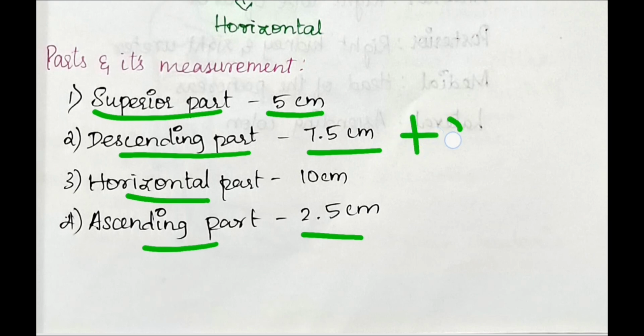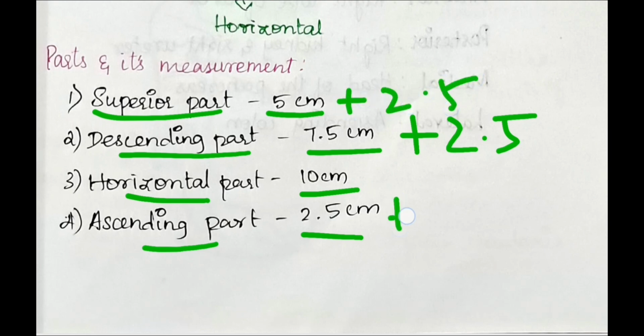And add 2.5 centimeters, that is the horizontal part, which is 10 centimeters. So from the ascending part, just add 2.5 each time to get the superior part, then the descending part, then the horizontal part. These are the measurements of the different parts of the duodenum.